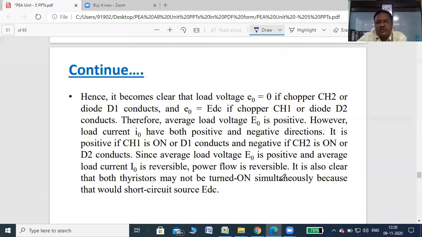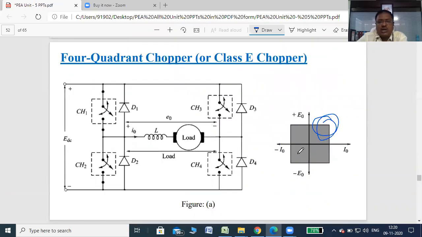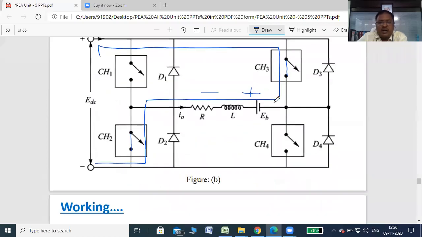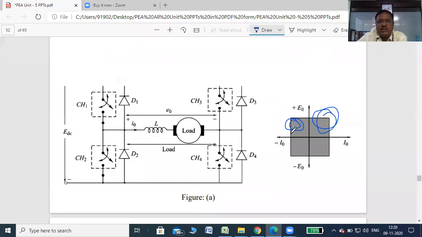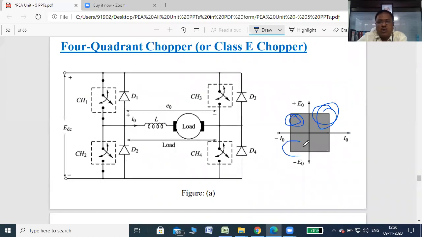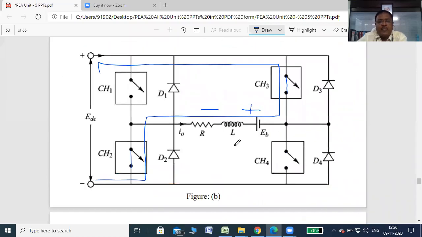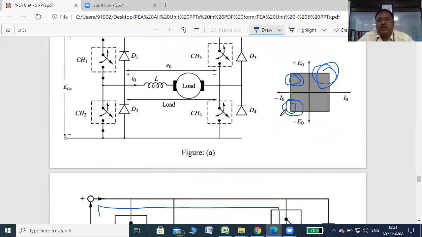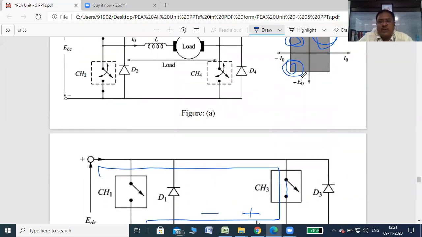When diodes are on, we get a negative operation, but now the current is negative as well as the voltage. So we get a third quadrant operation. When chopper 3 and chopper 2 are on, the voltage is negative as well as the current, so you get a third quadrant operation.